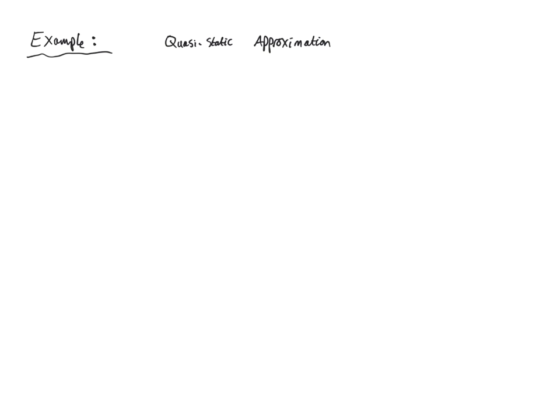The first step is to write down our current density, J of t_R. We're going to consider the current at a retarded time t_R, and we're going to do a Taylor series expansion of this current density around the time t. Not the retarded time, but around the time t.